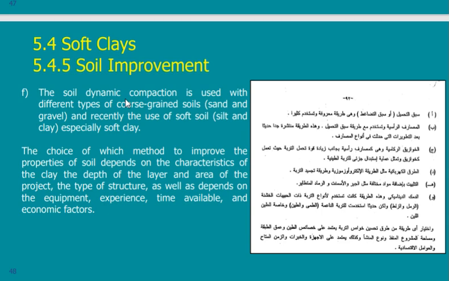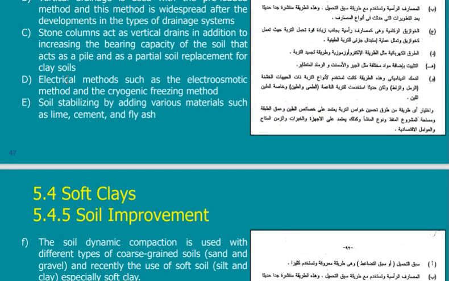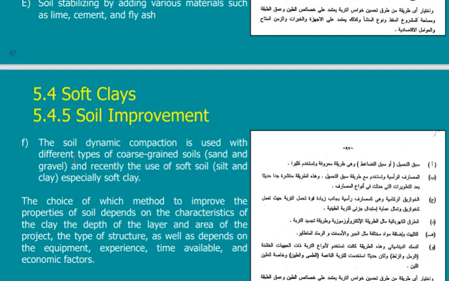I can introduce compactors to go to deep locations and deep depths and compress the soil. It's a way, but of course it is less feasible than all of these before, because it is very expensive and it needs very special precautions.